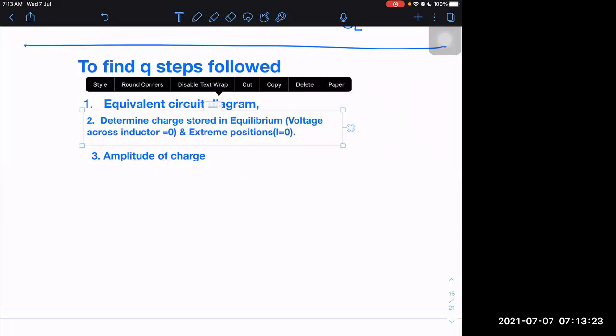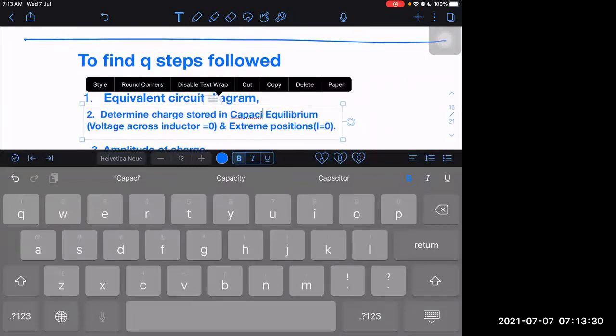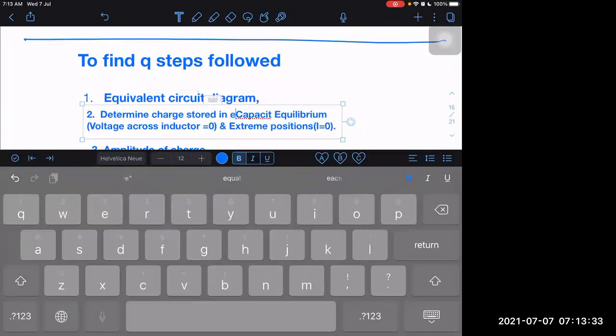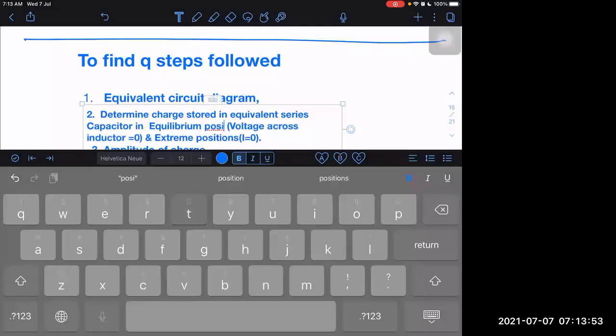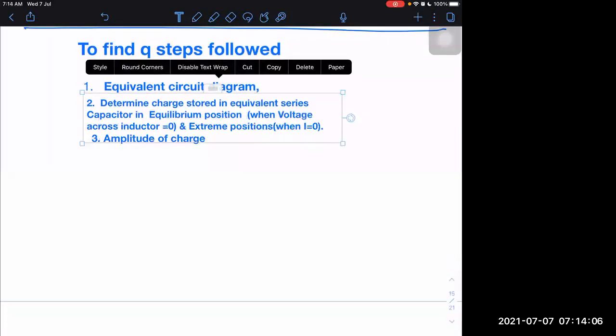We know these conditions, and we have to find the charge stored in the equivalent series capacitor in the equilibrium position, and the voltage across the inductor. Then we can determine the amplitude of charge. How to determine the amplitude of charge using that?